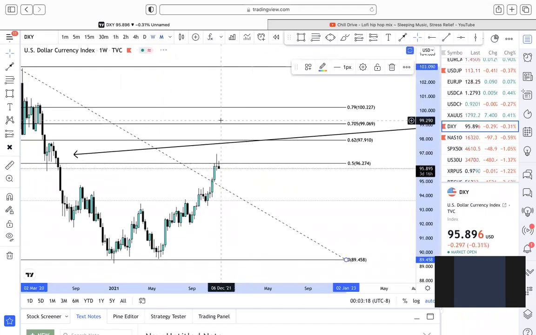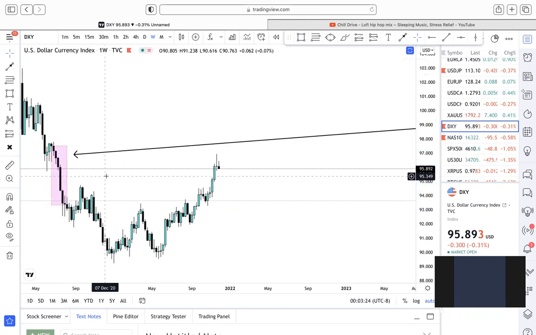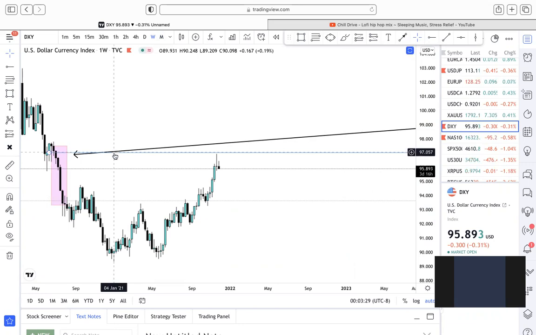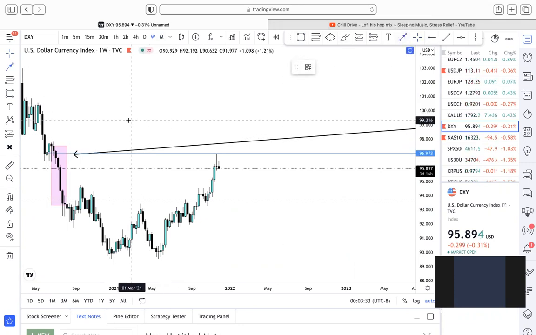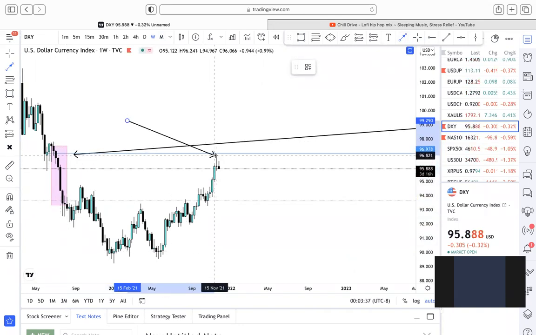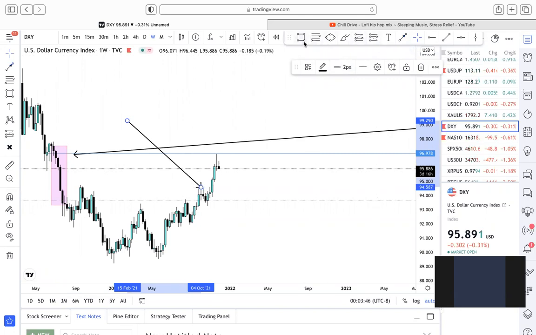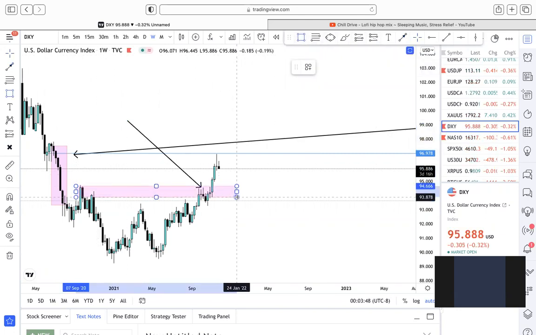Now coming into the weekly time frame, we have our weekly imbalance here and our weekly accumulation price candle here, which is our last bullish candle before the drop. Market came right into that accumulation price candle to now start creating a retracement. It has already broken new highs prior on the weekly time frame.